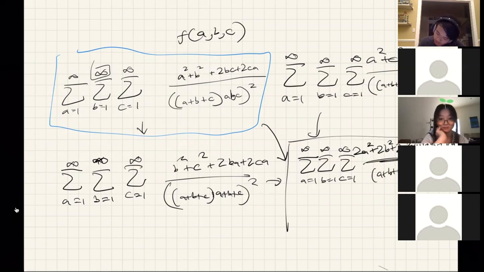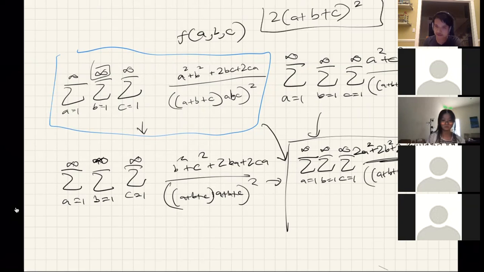We can just have the same denominator in each of them, not care about adding fractions. It's much easier. Now the key insight is that this numerator is going to evaluate exactly to 2 times (a plus b plus c) squared.